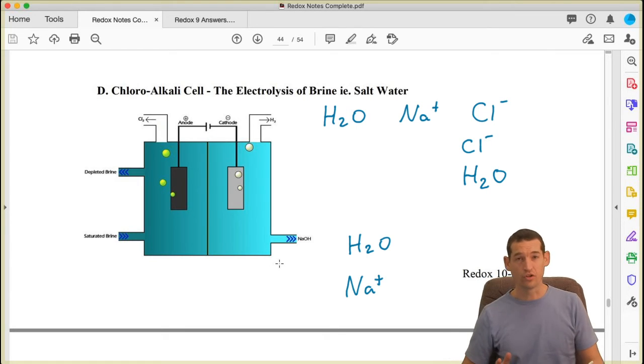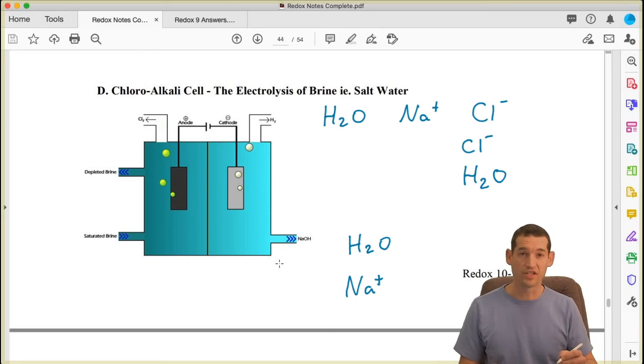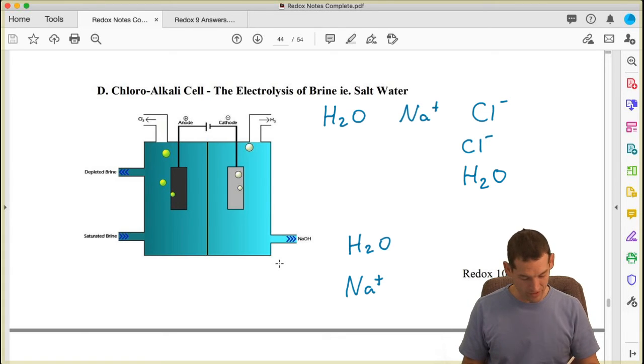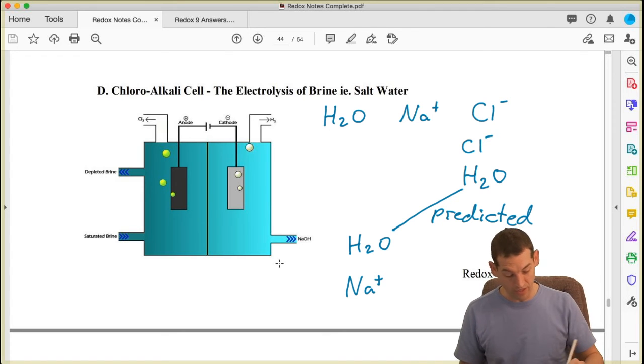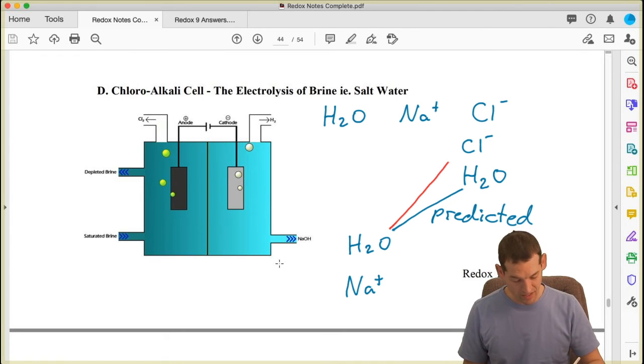The reason you need to know this one is that this is an example where the predicted reaction does not occur. So we would expect water and water for whatever reason. In fact, let's draw that in here, and we'll just say this is the predicted, my strongest OA and strongest RA. And then we'll draw another line and show this is the actual.